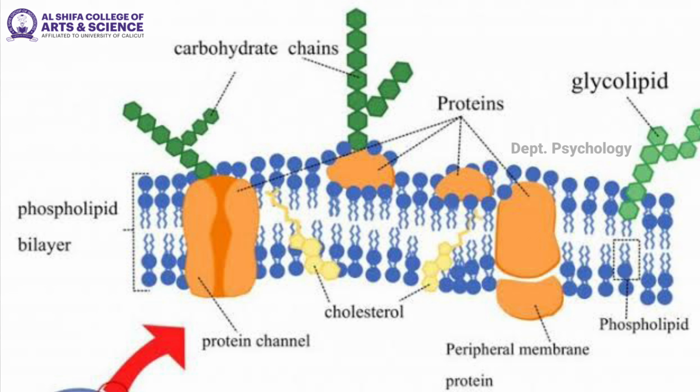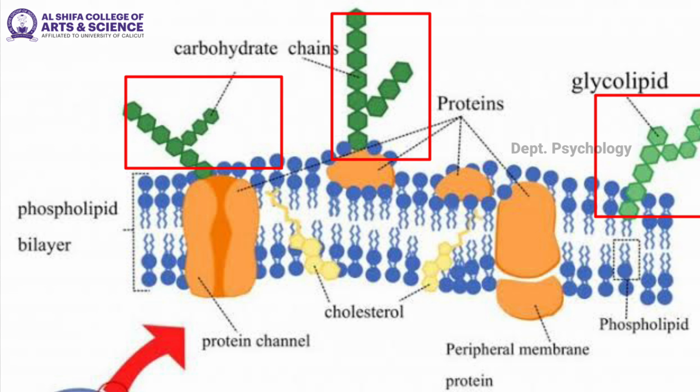And when we look at the picture, we can also see some carbohydrate chains. So there is a lipid bilayer in the image, with protein molecules embedded and small carbohydrate chains. From this, we are aware of the structure of a cell membrane.